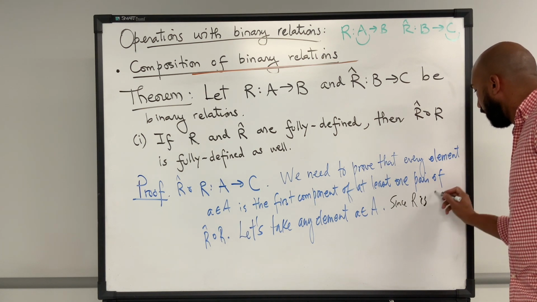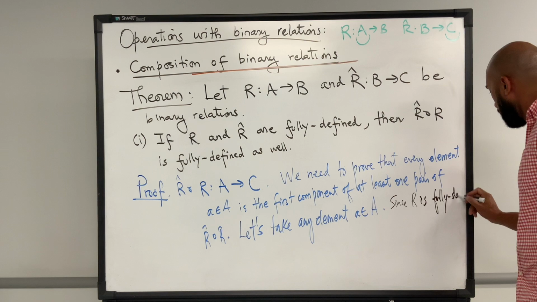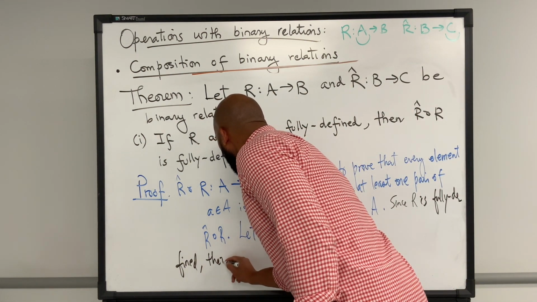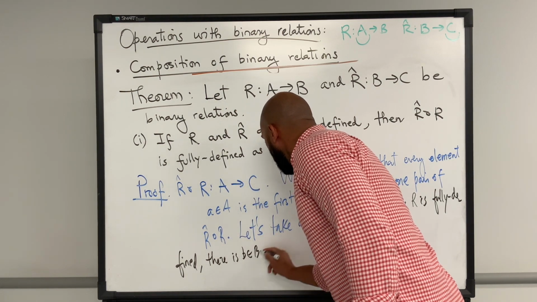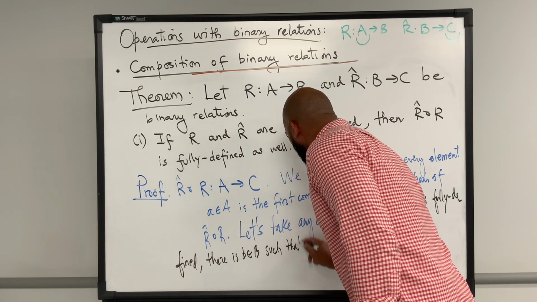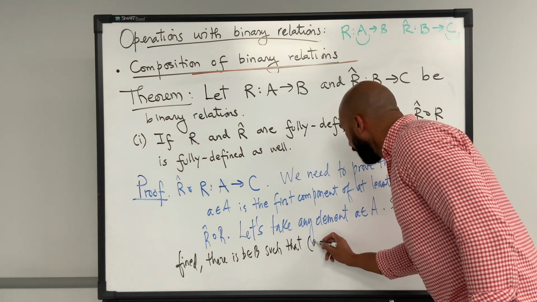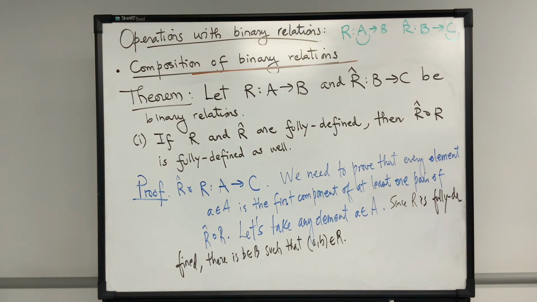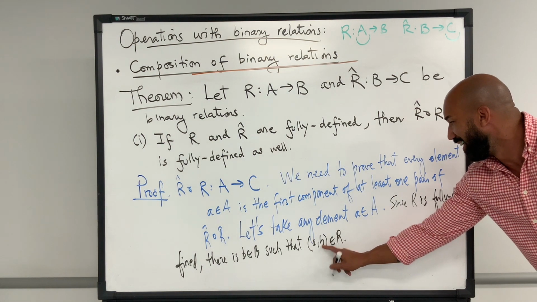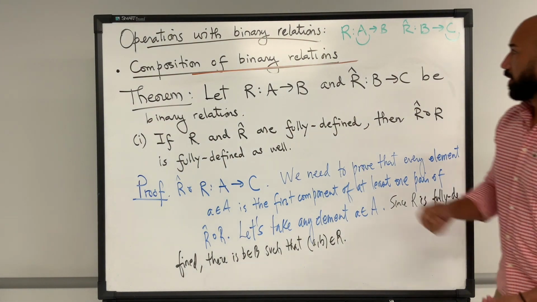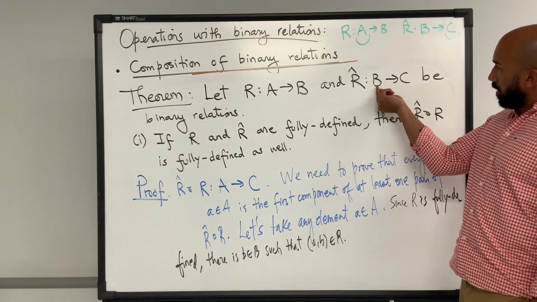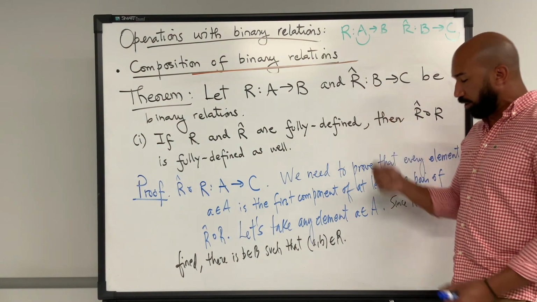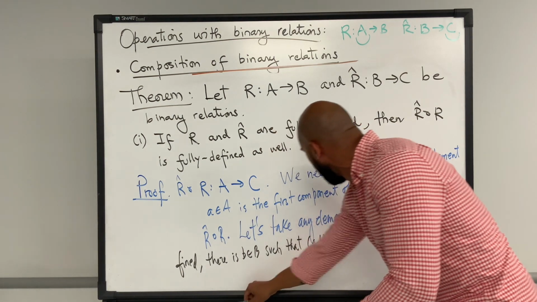So this means, since R is fully defined, there is an element b in B such that (a, b) is a pair in R. But now we are going to look at this element b. And b is an element in the set B, so first components for the relation R hat, which is also fully defined.